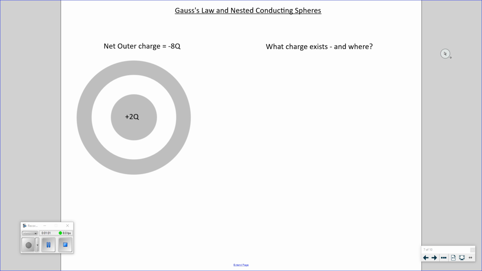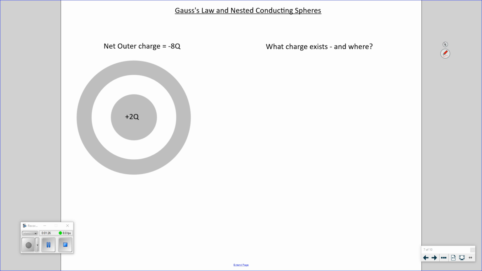That means that charges have moved to a position where there is no more force acting on them, and they don't move anymore. There's no force acting on these charges because there's no field in the area in which they reside. So that's a way of saying that the electric field inside a conductor is zero.